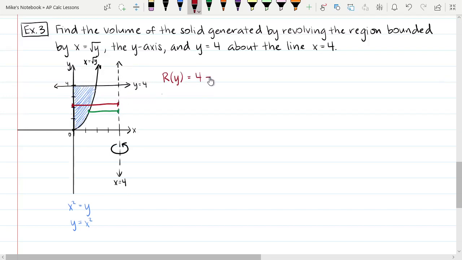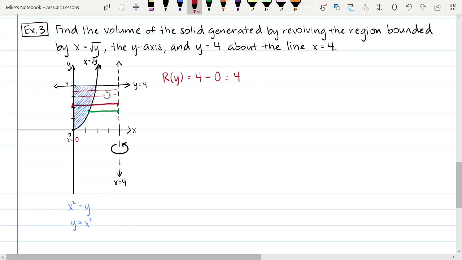So 4 minus, now what's the equation on the left end? Well, this is actually the y-axis, which is x equals 0. So really, that big radius is actually going to be a constant of 4. And if you look at it, it should make sense. No matter where I am across from this region, the big radius is always just measuring this entire thing.